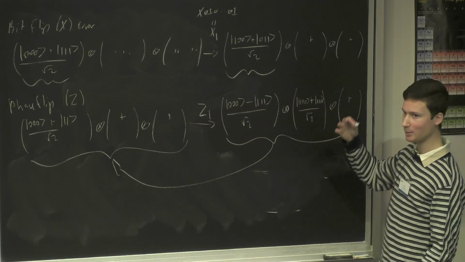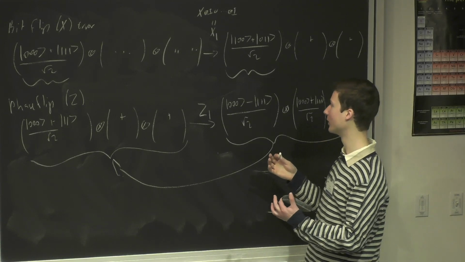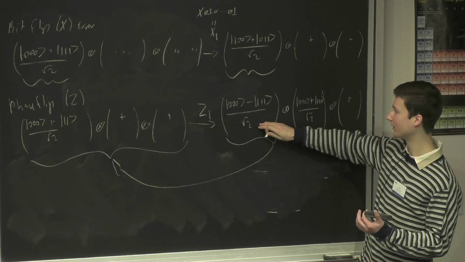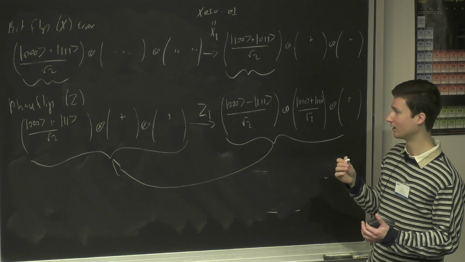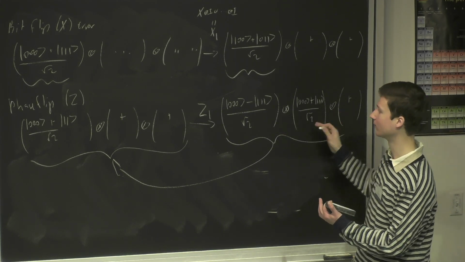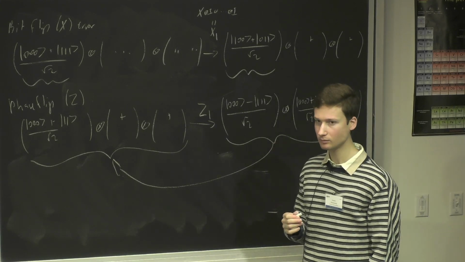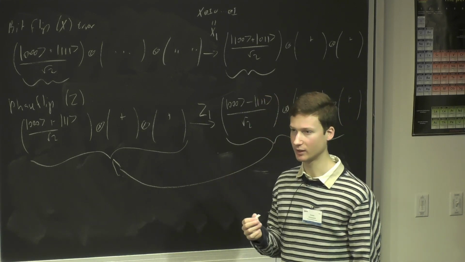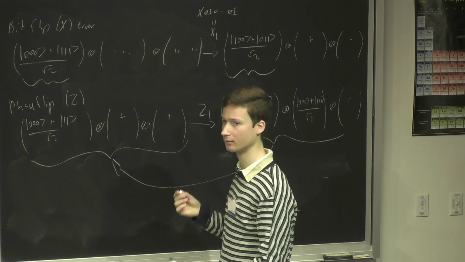Maybe we haven't yet said how we do this decoding, but we can at least see that we can identify which triple of qubits underwent a phase flip. And we can recover what the original phase was. So it at least seems like the Shor code is correcting us against both a bit flip and a phase flip.